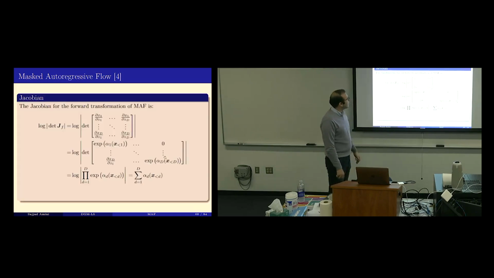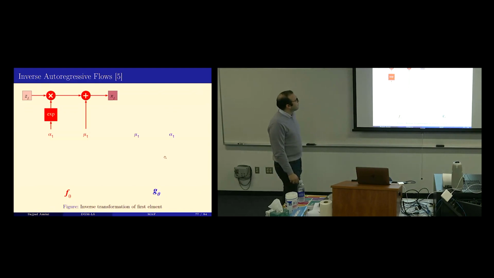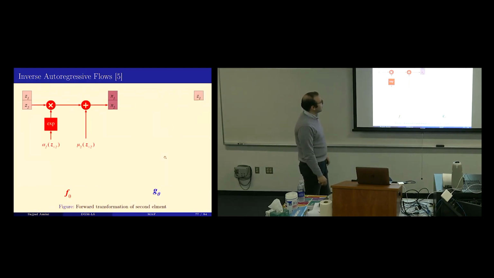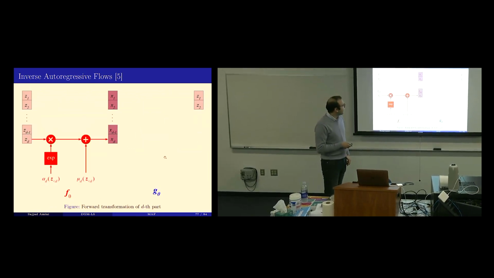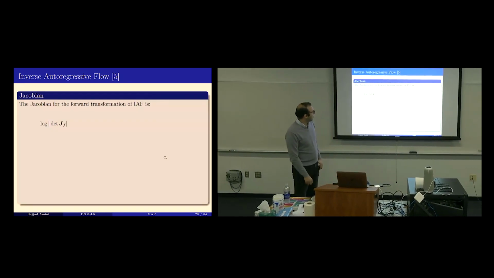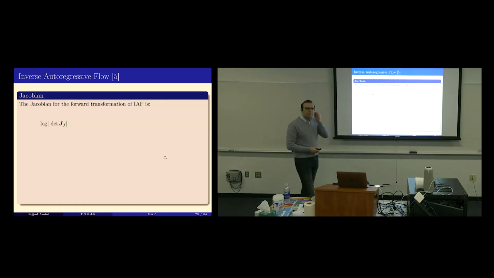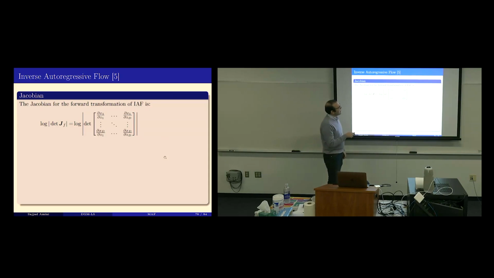Okay. So here we have again a new type of transformation, which is invertible. And this can be done until the last element. So the most important part is to calculate the determinant of the Jacobian, because it is needed to normalize the distribution. So what happened again?